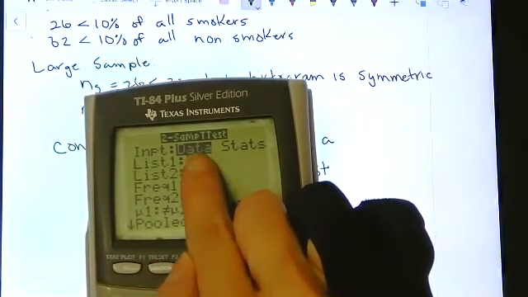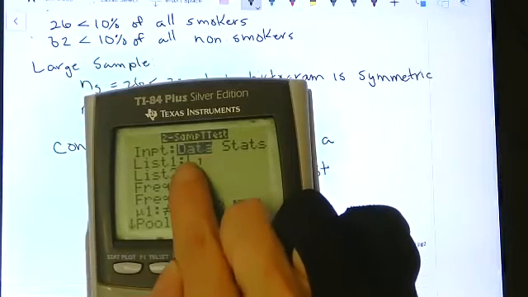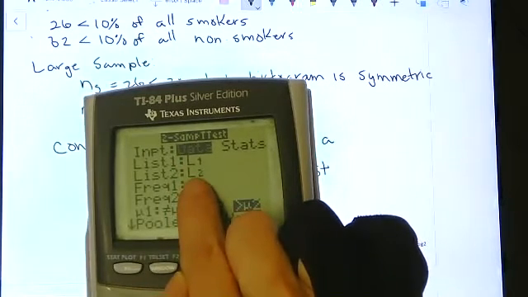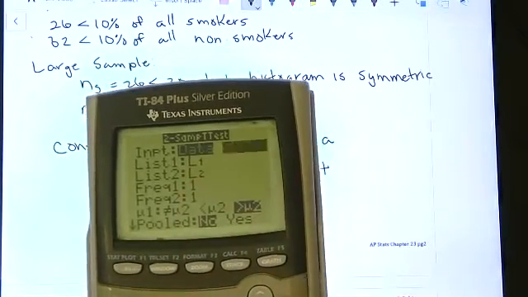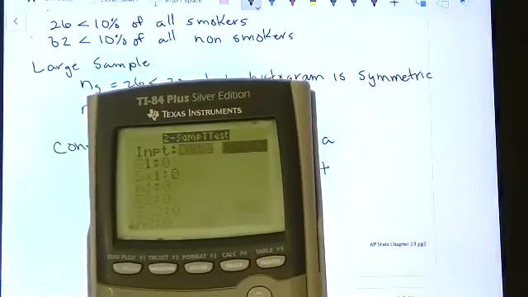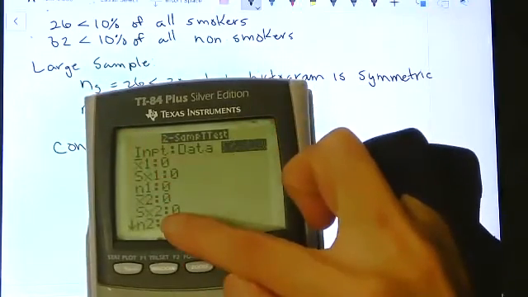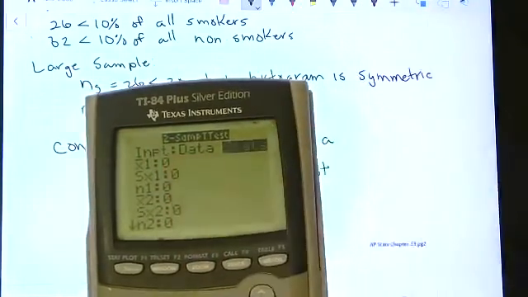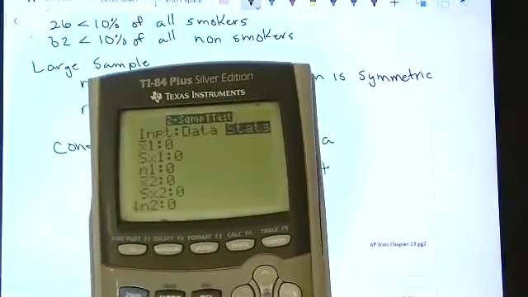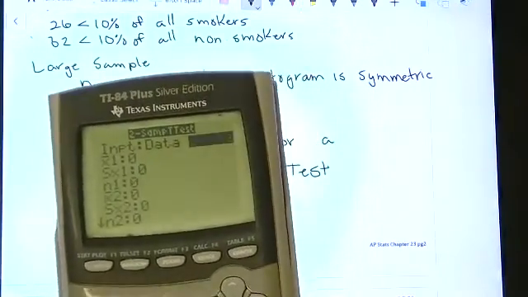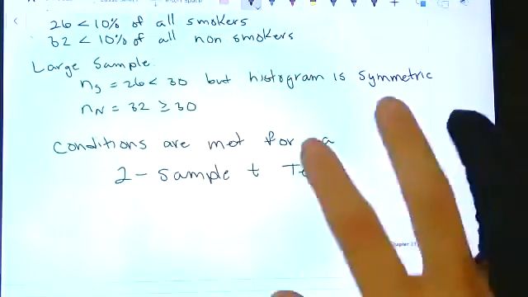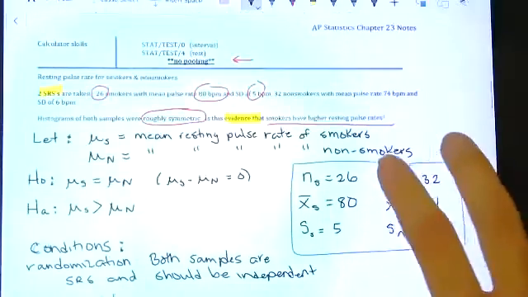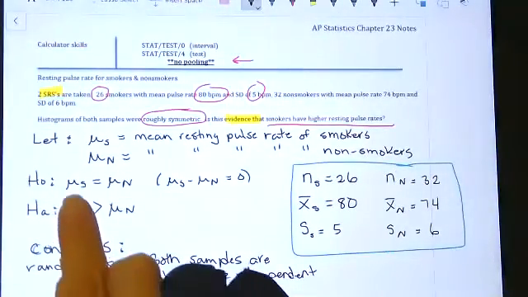Do you have the data in a list? If so, it'll ask you which 2 lists. If you don't, then you got to go over to stats and enter all of this, which we do have. We do have our X bar, S, and N for each sample. So group 1 is my smokers, because that's the one I'm listing first right here.